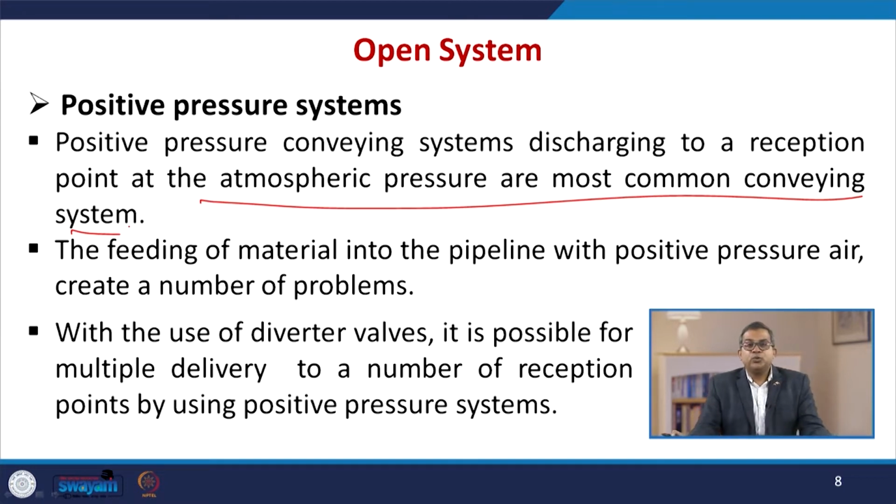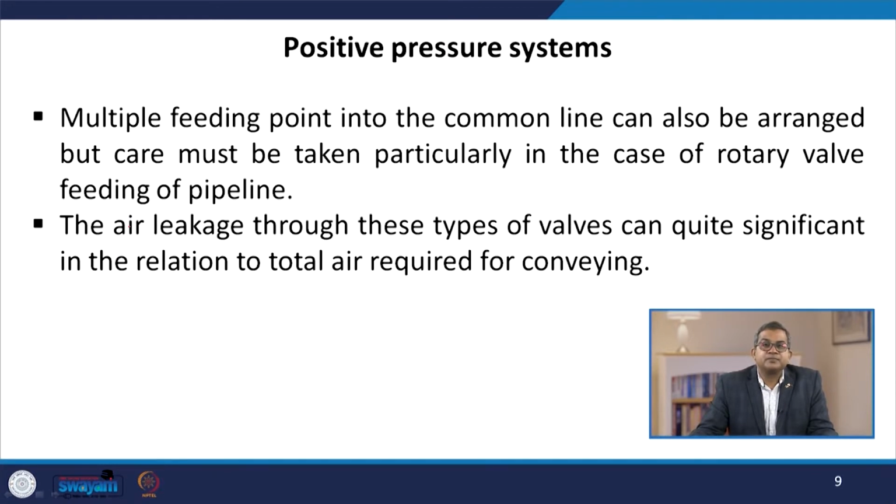With the use of diverter valves, it is possible to deliver to multiple reception points using a positive pressure system. Multiple feeding points into a common line can also be arranged, but care must be taken, particularly in the case of a rotary valve feeding the pipeline. Air leakage through these types of valves can be quite significant in relation to the total air required for conveying.